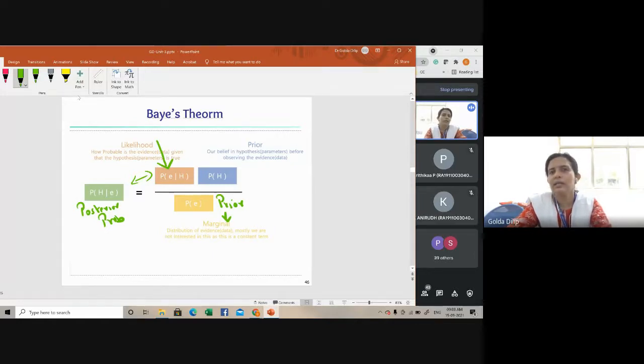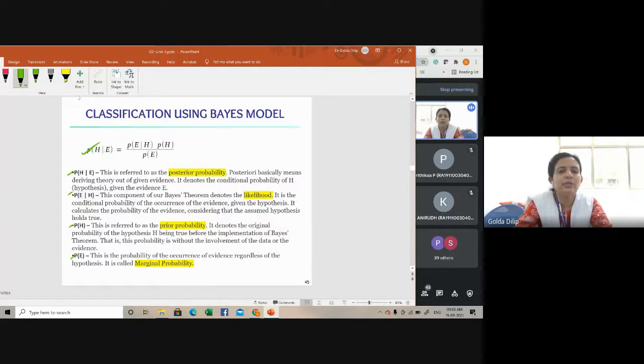In yesterday's class I gave you an example of a prior probability and a posterior probability, with the example of graduation. P of E is also a prior probability, or marginal probability, the distribution of evidence. Mostly we are not interested in this, as it is a constant term. So this is what Bayes theorem is all about.